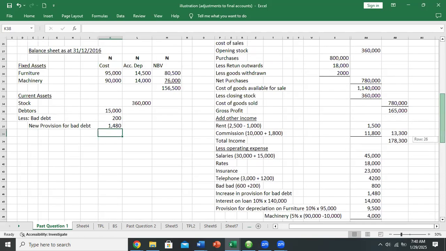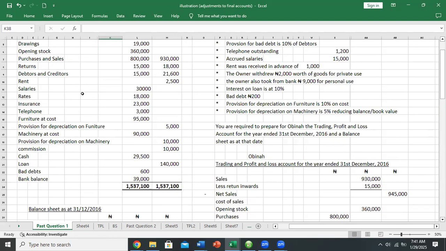Because the old provision was 0. There was none in the trial balance. So it was 0. And in the additional information, we're told 10% on debtors. So we multiply the 10% by this 15,000. But because of this bad debt of 200, we had 10% multiplying 15,000 minus that bad debt of 200, which is in the additional information.